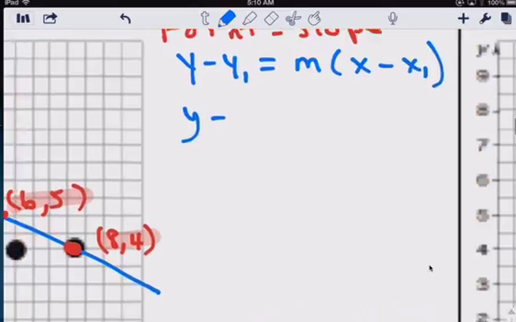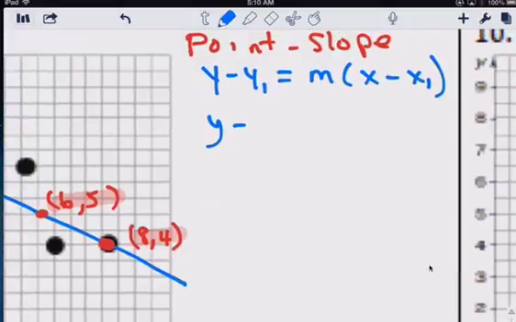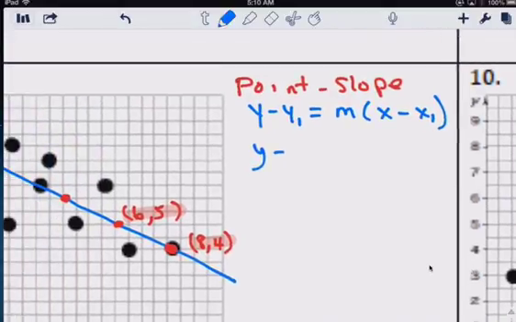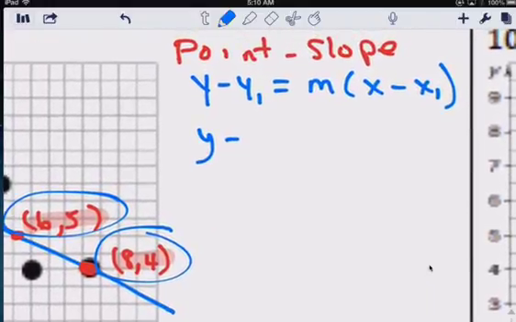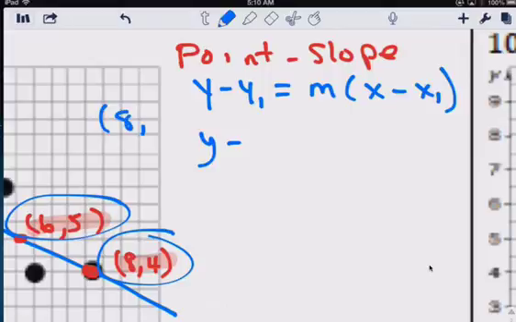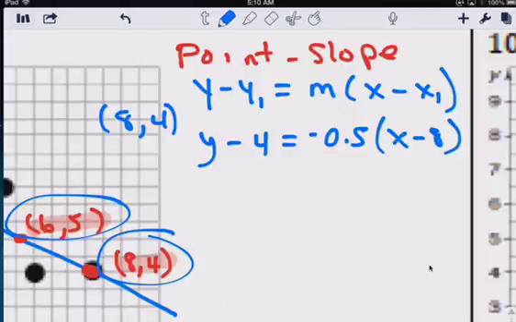Y minus, pick a point that you've used, not all the other one, but pick one of the two you've used. I'll pick 8 and 4. Okay, y minus 4 equals the slope negative 0.5 times x minus 8.